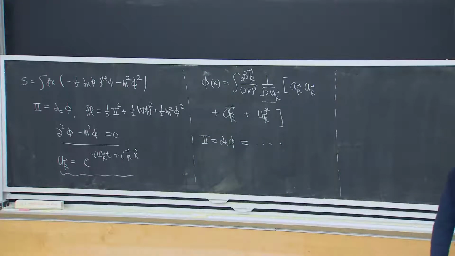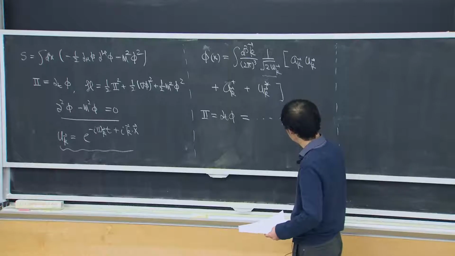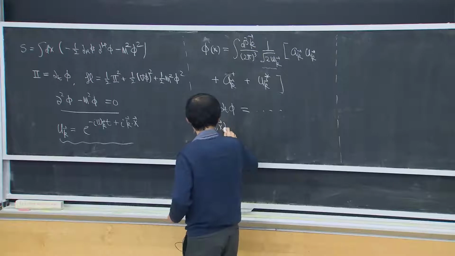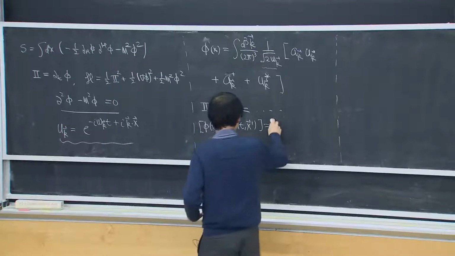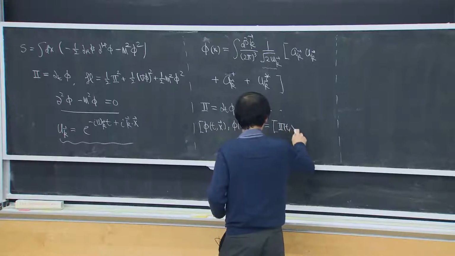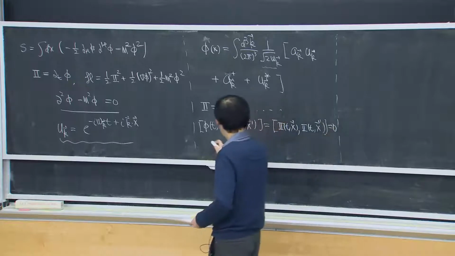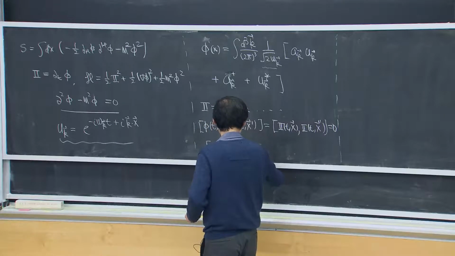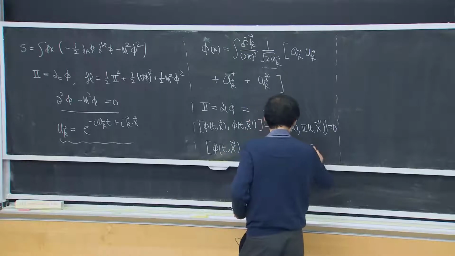And then we discussed that you can impose a canonical commutation relation, which is that phi(x) and phi(x prime) equal to pi(x) and pi(x prime) should be 0, and then phi(x) and pi(x prime) is given by i times the delta function.